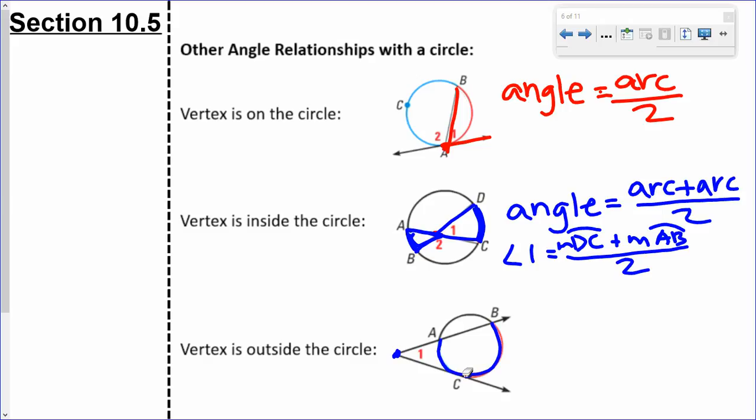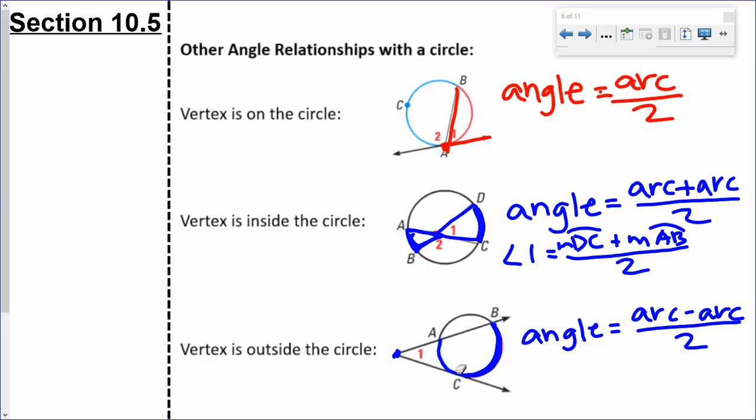Now with this one, to find the angle, you subtract the arcs and divide by 2. And you always subtract the smaller arc from the bigger arc. In this one, the measure of arc BC is going to be bigger.